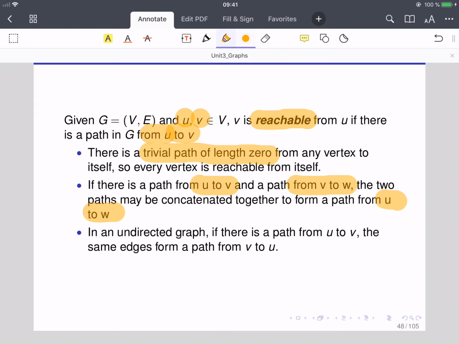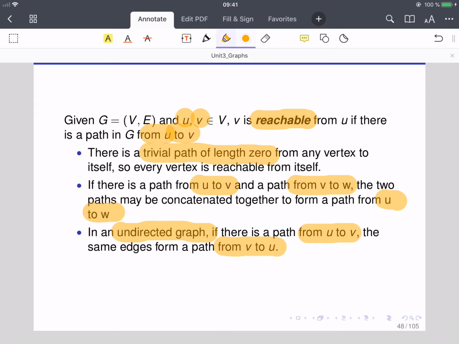If we can go from U to V, and we can go from V to W, then we can go from U to W, and that is exactly the definition of being transitive. Also, if the graph is not directed, then when we have a path from U to V, we also have a path from V to U, because all the edges go in both directions. So in this case, the relationship is also symmetric.